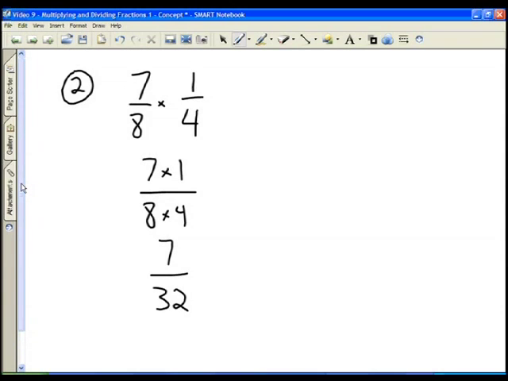Notice that when we multiply by a fraction that's less than 1, 1/4, our final answer is quite a bit smaller. It's actually 4 times smaller than our original 7/8.